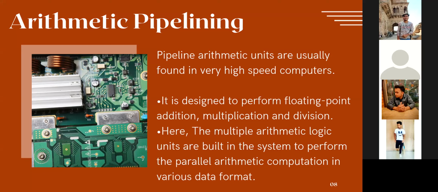The floating point addition and subtraction is done in four steps. First, compare the exponents. Second, align the mantissas. Third, add or subtract the mantissas. And fourth, produce the result. The registers are used for storing the intermediate results between the above operations. Thank you.